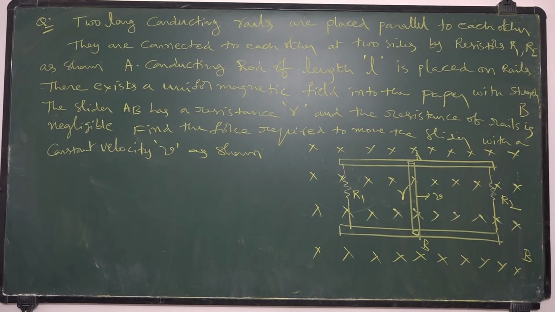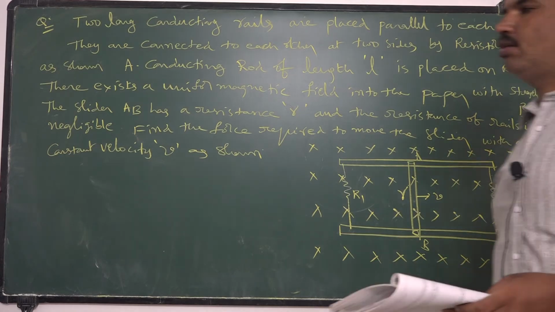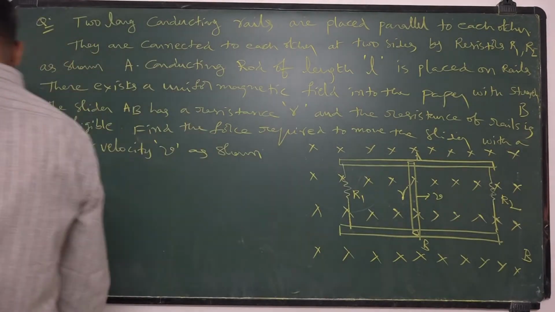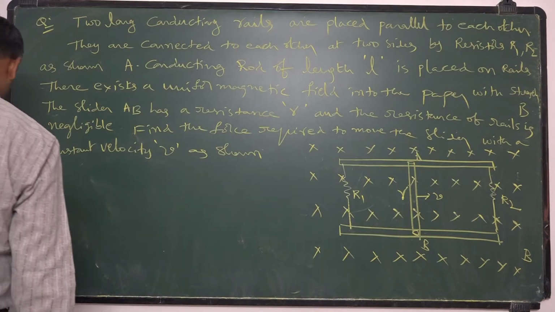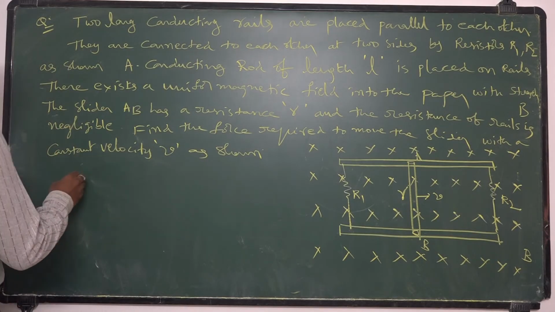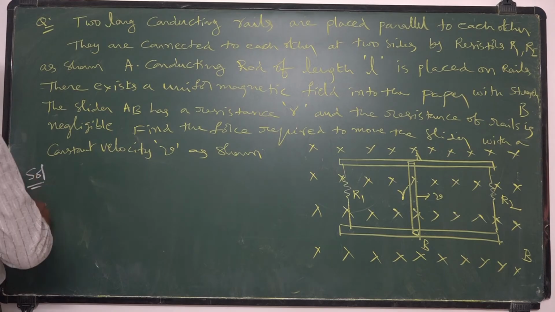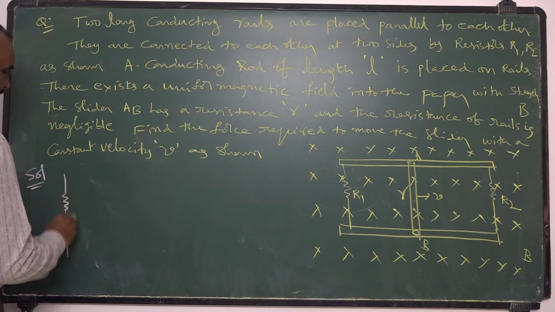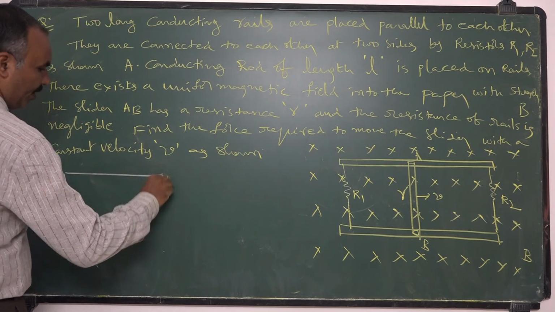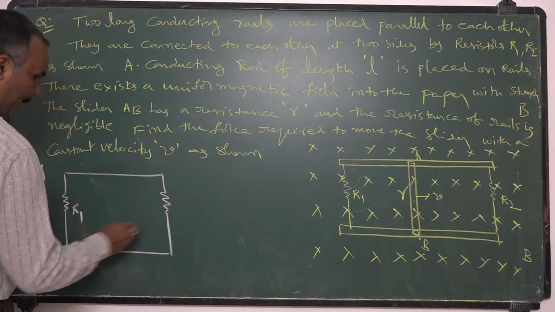As you know, whenever a slider is moving, it develops some induced EMF or motional EMF. So the equivalent circuit can be written like this. Here is resistance R1, here is resistance R2.